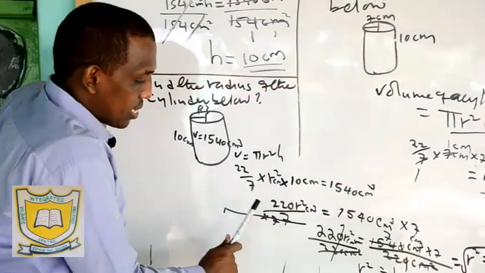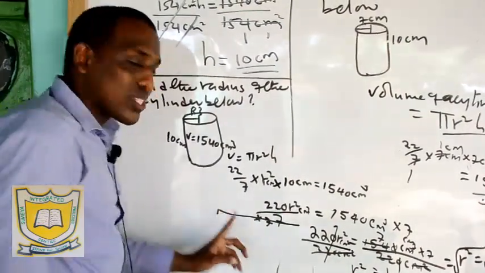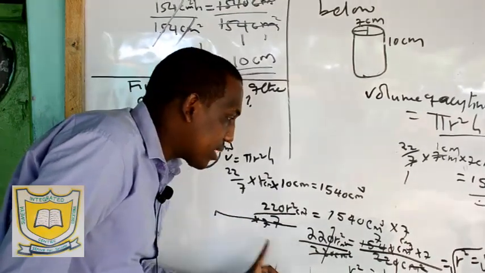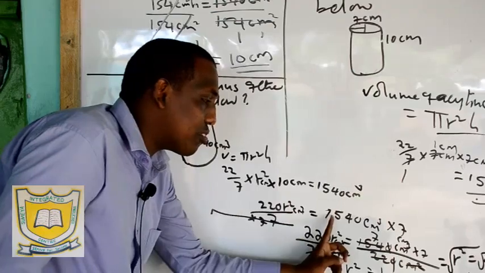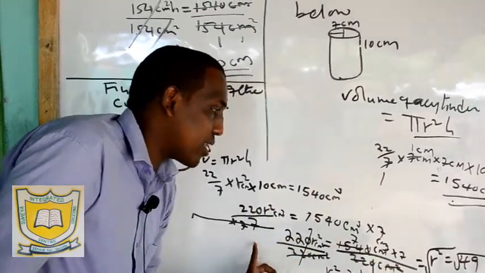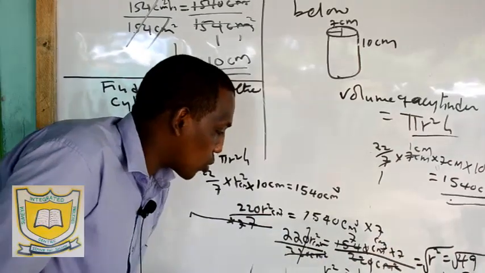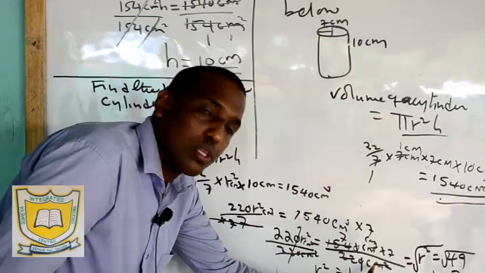So to remove this denominator, you multiply both sides by 7. They go together. 220 R squared is equal to 1540 centimeter cube multiplied by 7, because we multiply the denominator on both sides. Then we divide by 220 on both sides.